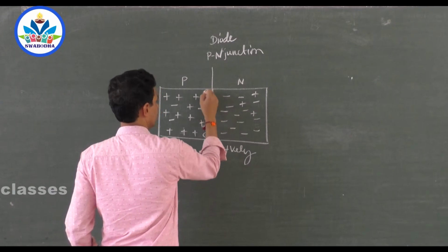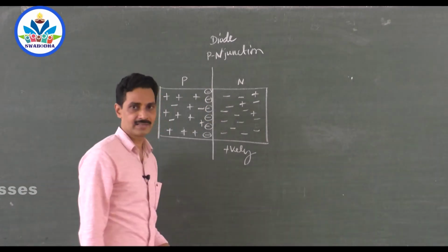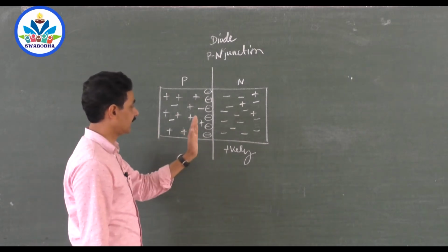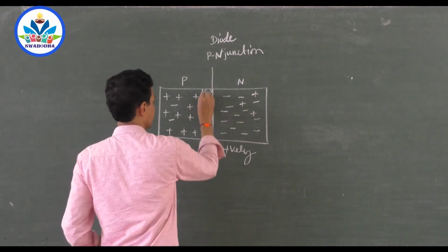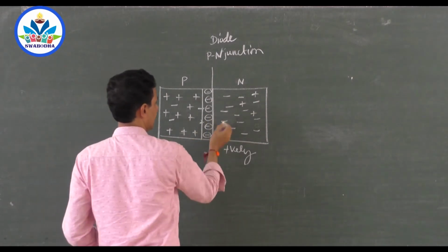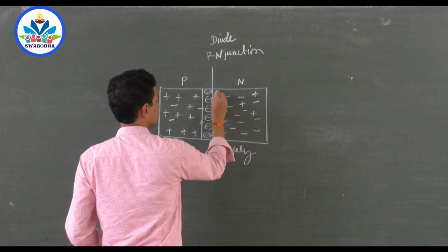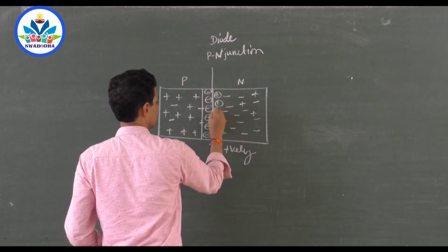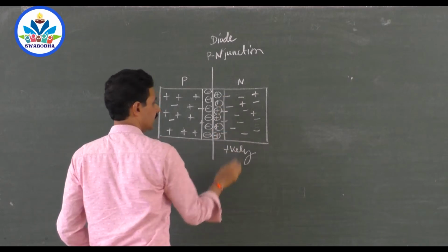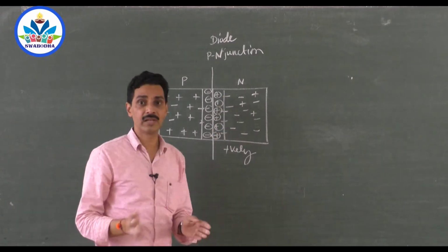Here it is now an immobile charge carrier because it has completed one bond, and that is immobile now. That is why this is called the depletion layer, and automatically here is an ion which is immobile. That phosphorus atom has become an immobile ion, and this happens at the junction very fast.